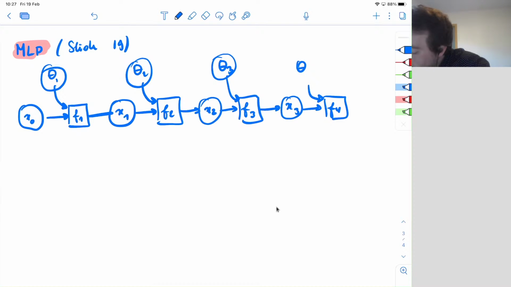It takes some other parameters and produces some final output, x.